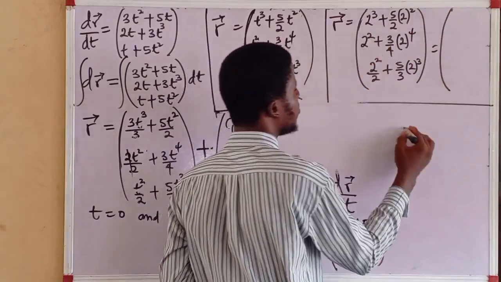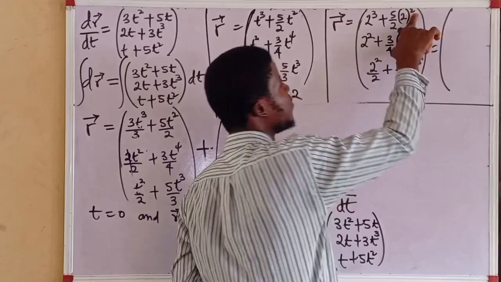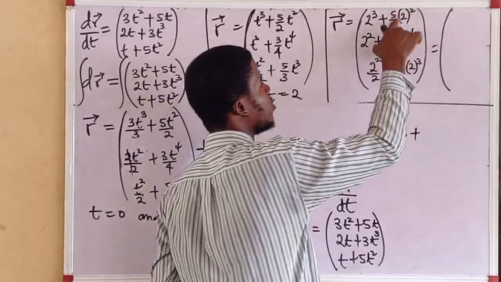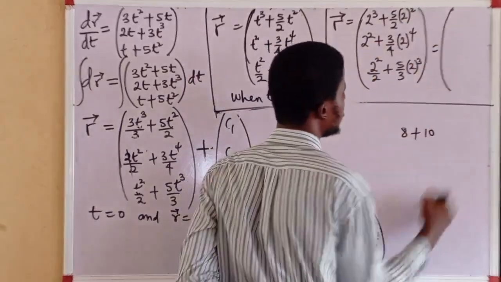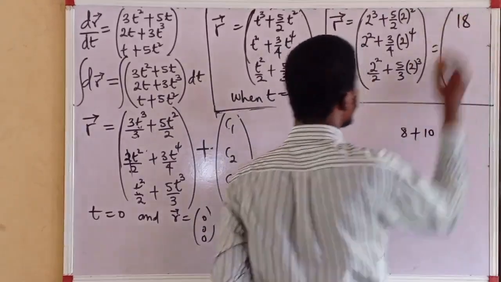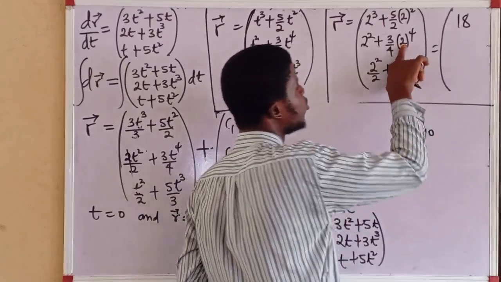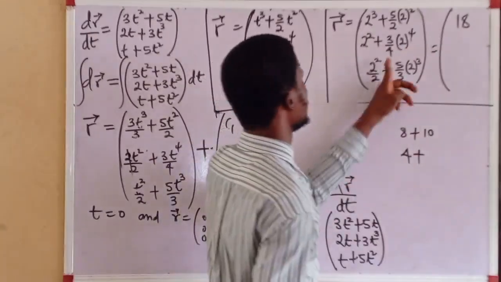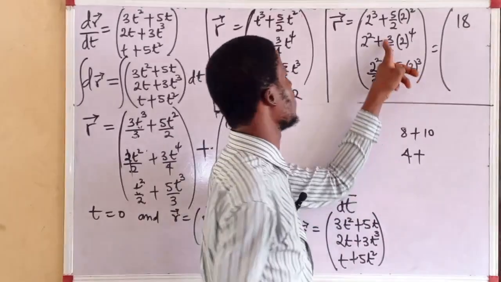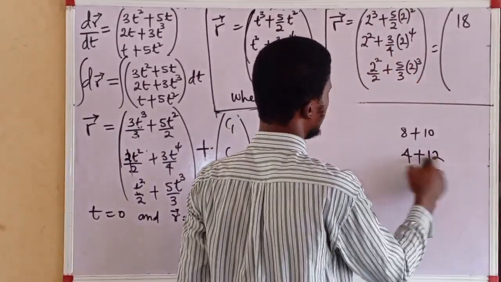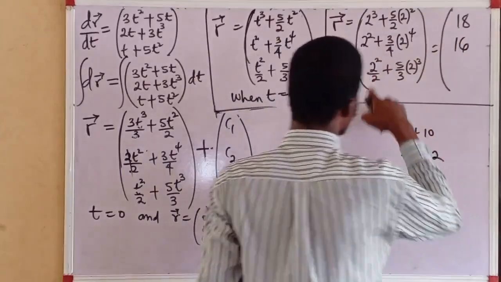This is 8. 2 squared is 4, 4 divided by 2 is 2, 2 times 5 is 10, so 8 plus 10 is 18. For the next one, 2 to the power of 4 is 16, 16 divided by 4 is 4, 4 times 3 is 12, 4 plus 12 is 16.